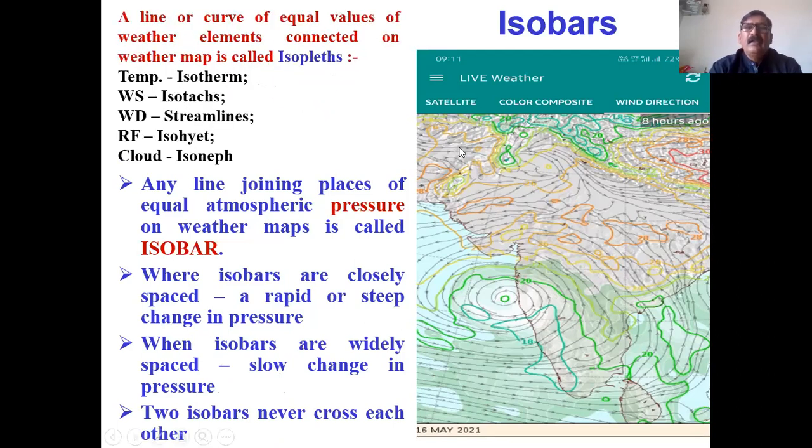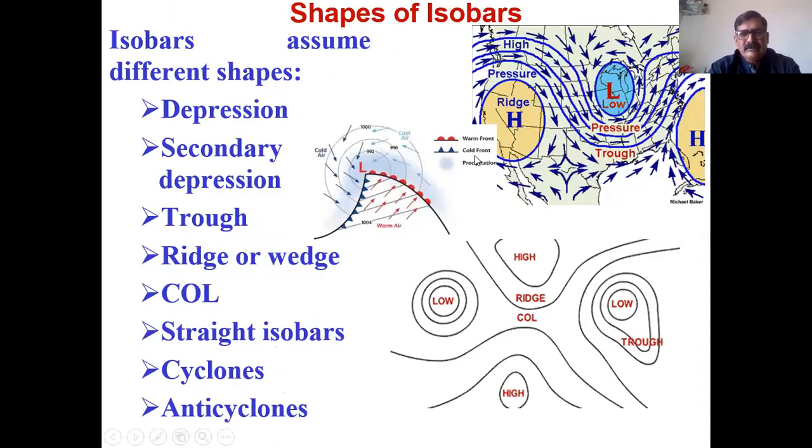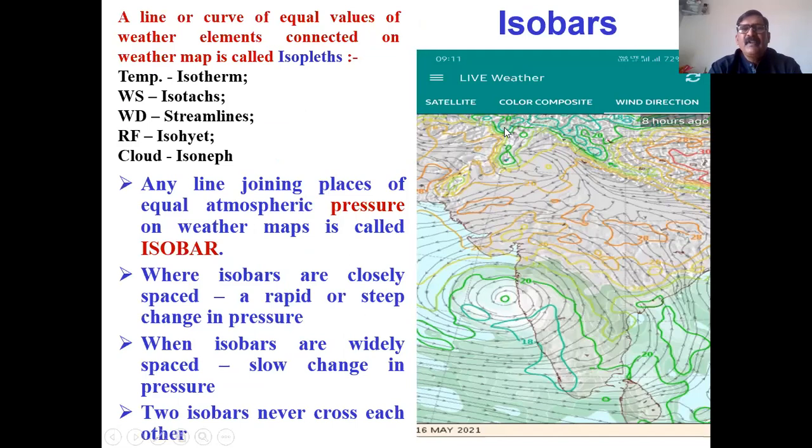Then any weather element shown on the meteorological graph, and the line sketched for it, is called an isopleth. So a line or curve of equal values of a weather element on a weather map is called an isopleth.